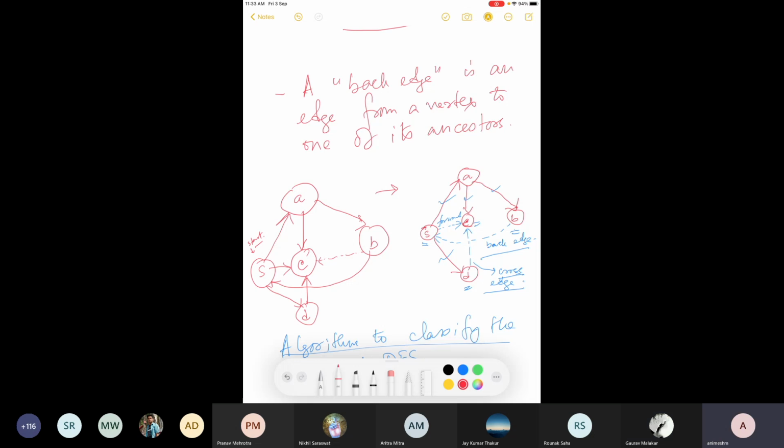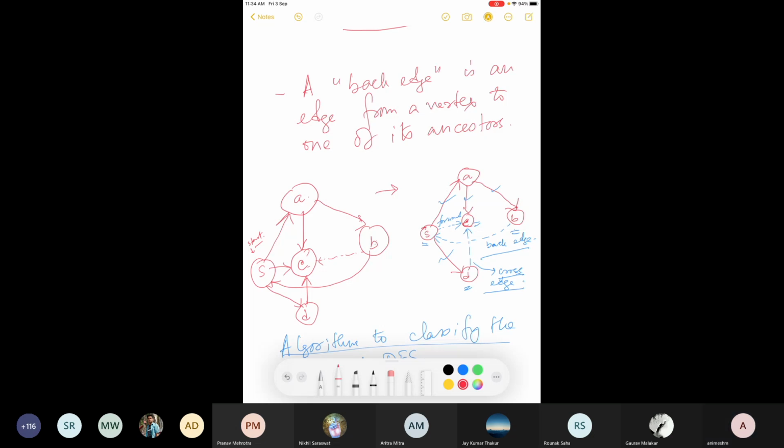It depends on how you are calling it. Since it's a depth first search, from A it will go to B, and from B it will call C. In that case, this edge will actually become a tree edge. Since you are visiting depth first, as soon as you go to A and from there you are at B, from B it will call C, and it will become a part of the tree.